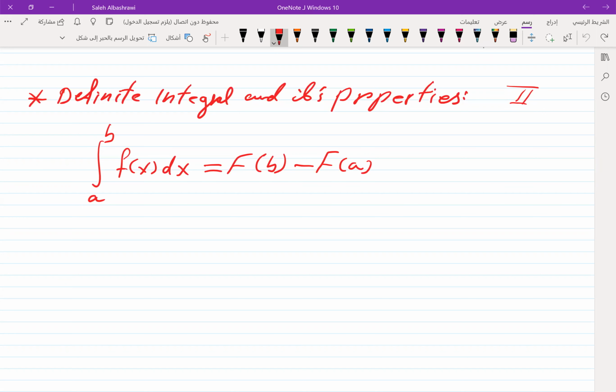In general, this will give me a real number, which is different from the indefinite integral, where we are looking for the antiderivative, which is a function, not a finite value. The last time we gave different types of examples of how to find the value of the definite integral. We are going to continue now to give more examples for the definite integral.